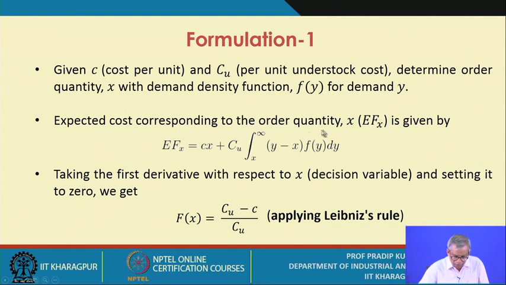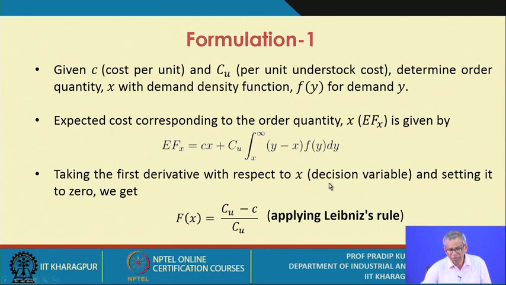Y is a random variable. The expected cost corresponding to the order quantity X, E(F_X), is given by E(F_X) equals c times X plus Cu times the integral from X to infinity of (y minus X) f(y) dy. This is the expected number of units short under stockout multiplied by the stockout cost per unit, sometimes referred to as the understock cost per unit.